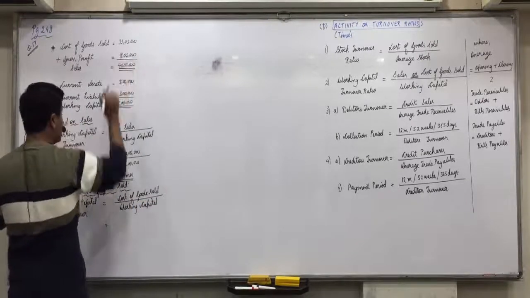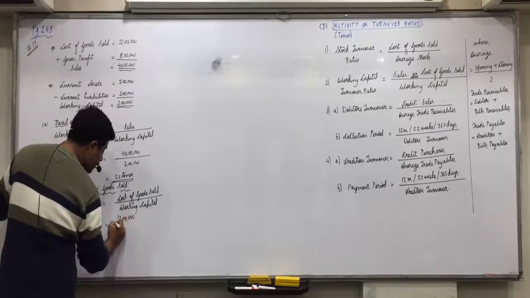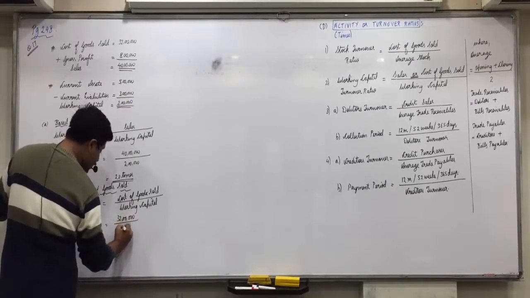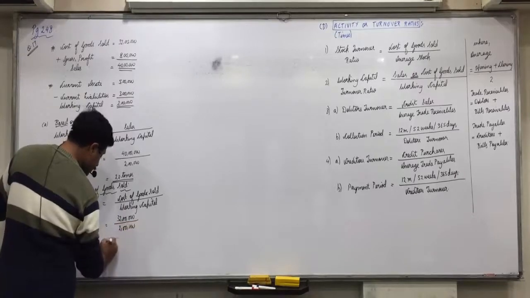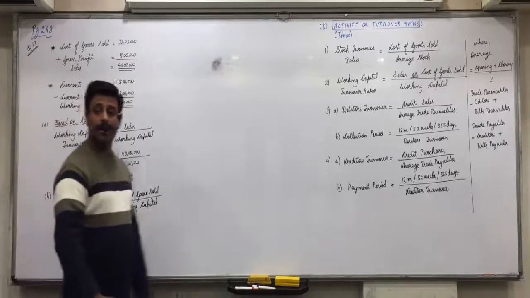Now cost of goods sold is 32 lakhs divided by working capital 2 lakhs, so 16 times. Did you all understand this?